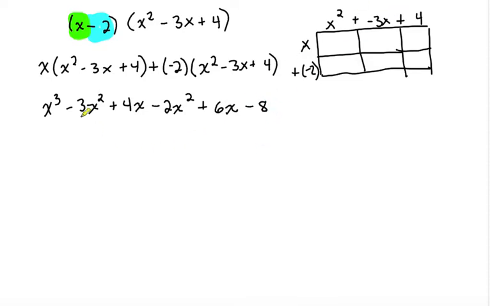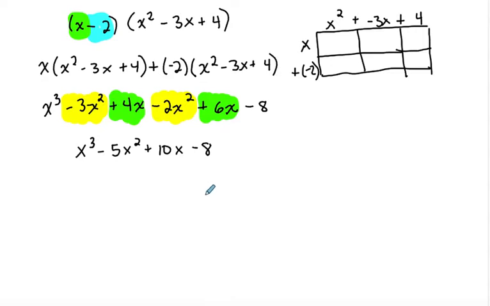Looking back through, I'm going to find some like terms. So I've got 2 x squared terms here, and I've got 2 linear terms here that can be combined. So I'm going to come through and combine my like terms. x to the third minus 5x squared plus 10x minus 8.